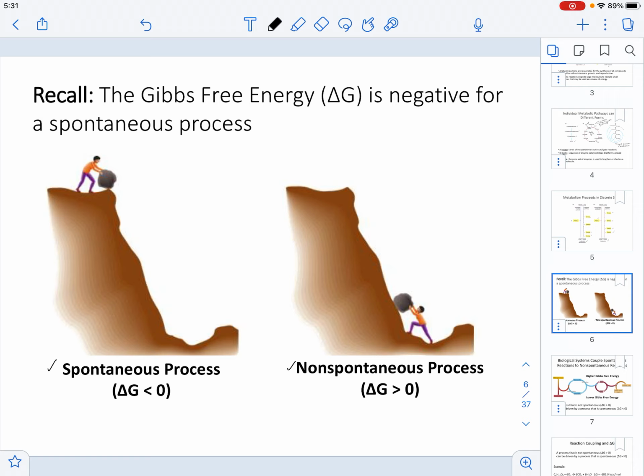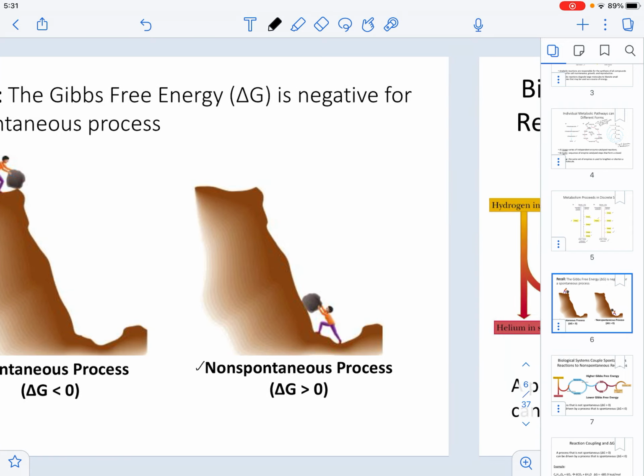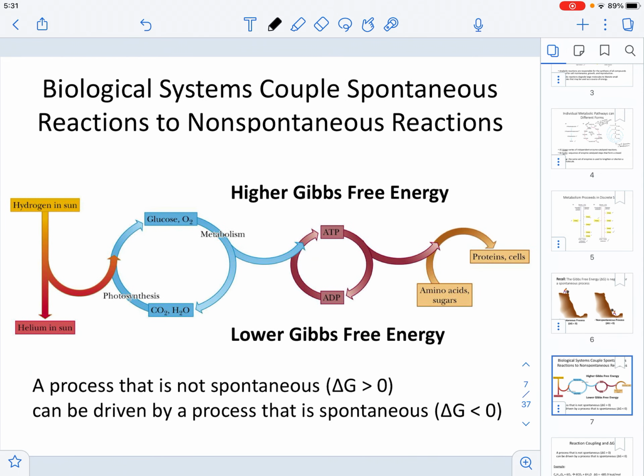And then for the non-spontaneous process, this image is just illustrating how in those processes, energy has to be input in order for the process to happen. In this case, this person is trying to put that rock at the top of the hill, and that will require energy.